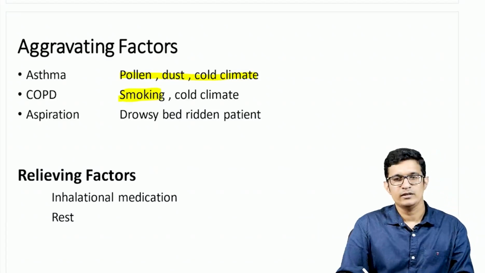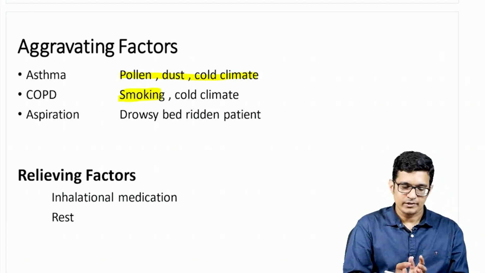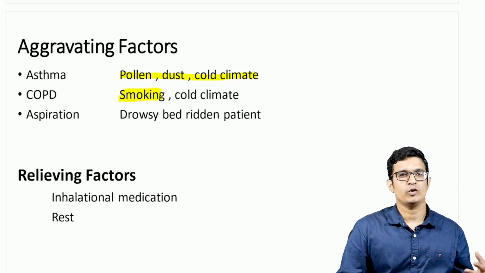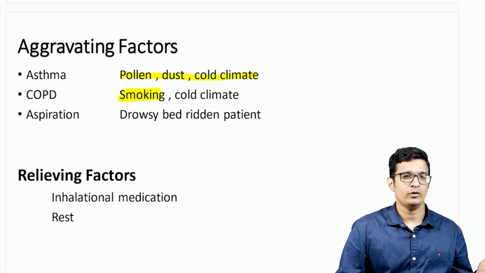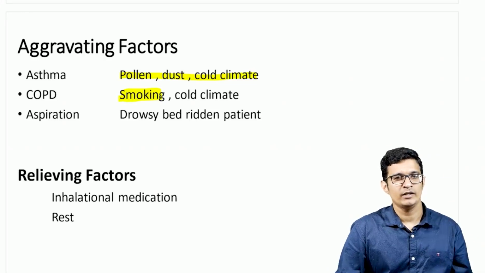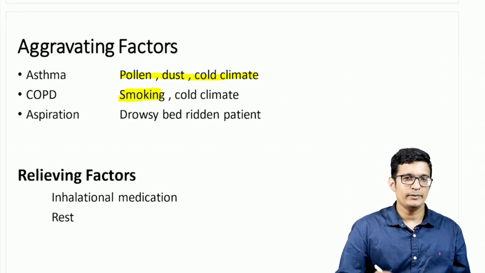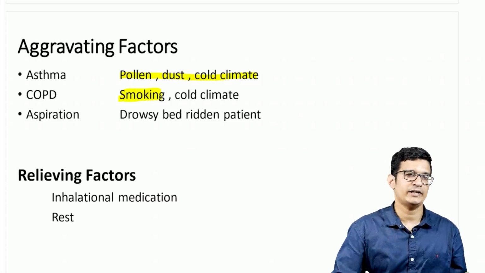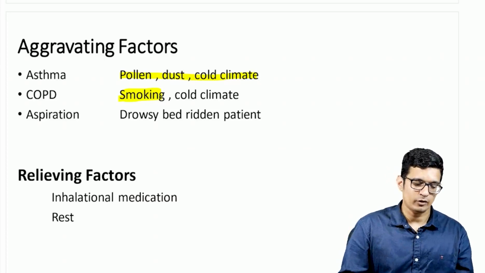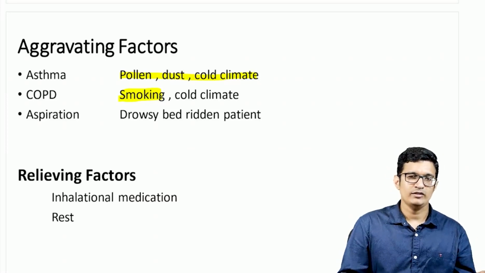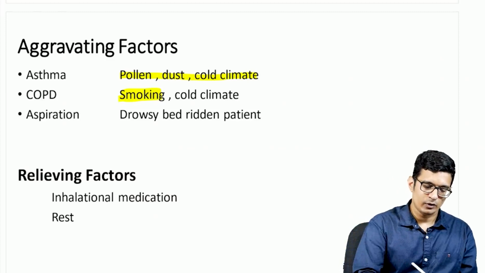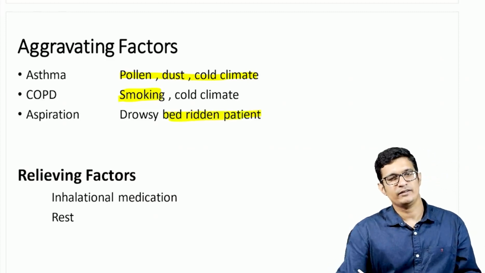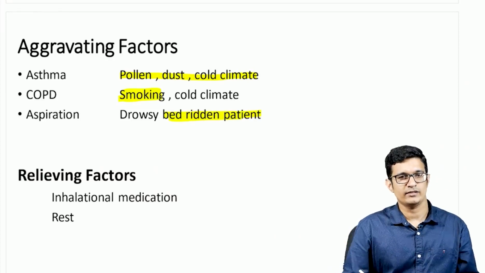Okay, and if the patient is a drowsy patient having a poor level of consciousness, in a stuporous or comatose state, the patient is likely to aspirate food materials or even saliva regularly into the respiratory tract, and aspiration could be a cause of aggravation of breathlessness in a chronically bedridden patient. So these are the factors that could aggravate breathlessness in various different conditions.